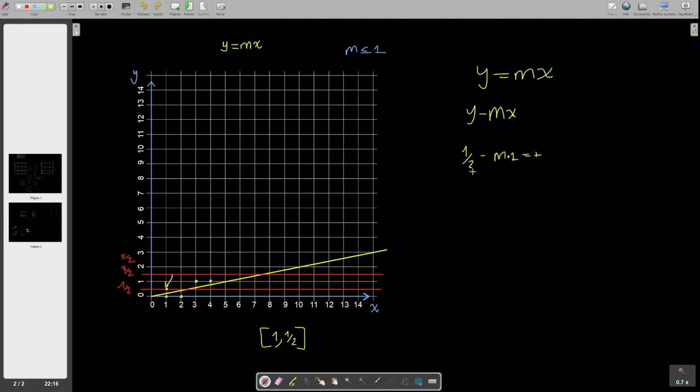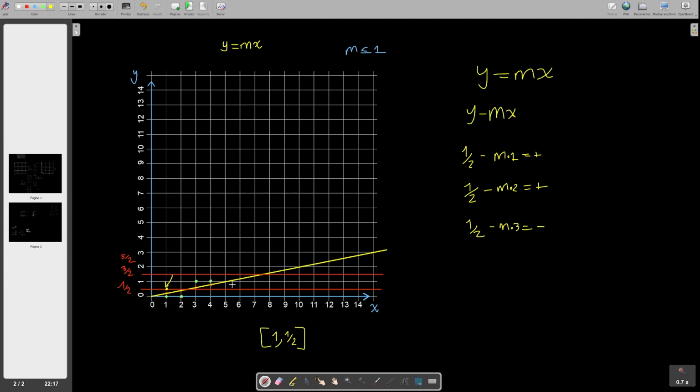And in this case, this evaluates to positive. I'm only concerned about the sign. And then I'm going to increase x, but not y, because I'm still below the limit, the half limit. And I'm going to get this. So look that x will be always increased by 1. And in this case, this still gives me positive. And in the next one, I'm gonna have this 3 times the slope.